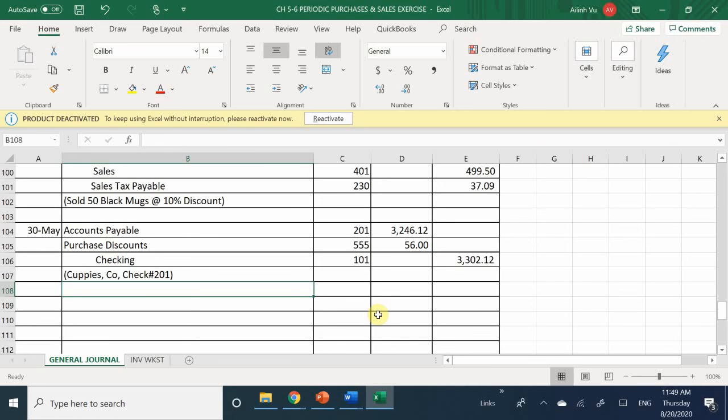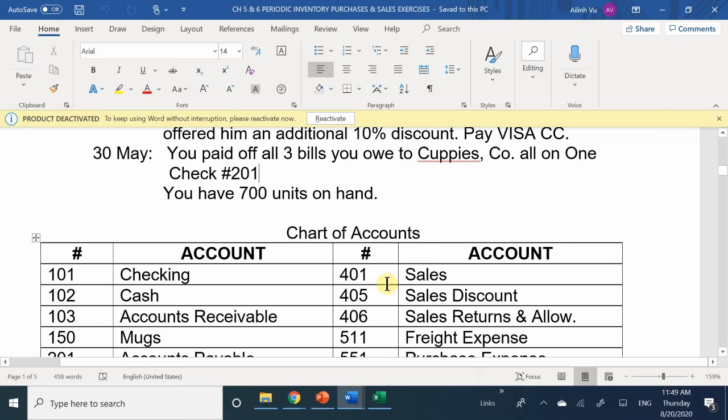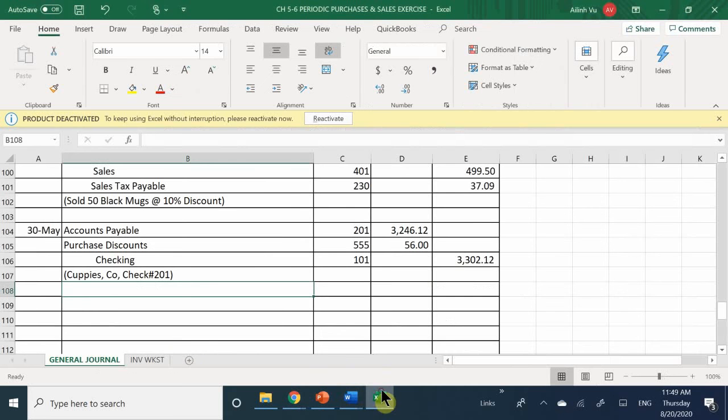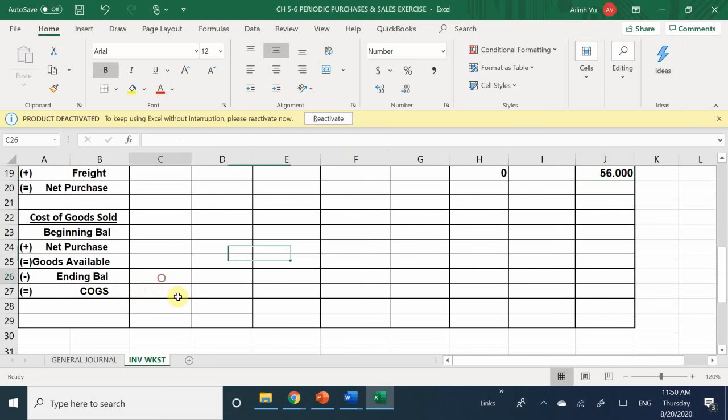All right. Now that there are about 10 minutes left in class, let's go ahead and wrap this up and finish the last portion here, which is calculating your ending inventory. So here you have 700 units on hand. I'm going to go to my inventory worksheet and indicate that I have 700 units on hand.